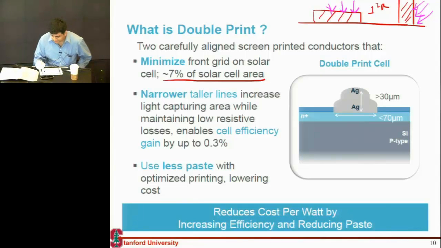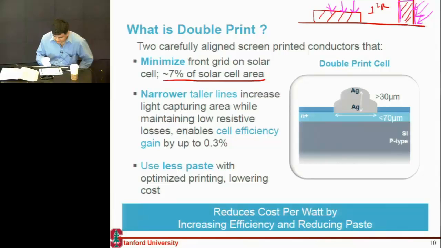So this might be a good design when the light is coming directly from the top, but over the course of the day, if the sun is shining at an angle, this might in fact end up giving more shading. Another thing is, with the manufacturing of this more vertical kind of printed fingers, your mask needs to be more finely designed. It needs to be replaced more often, and so on. So there are other manufacturing issues with that.